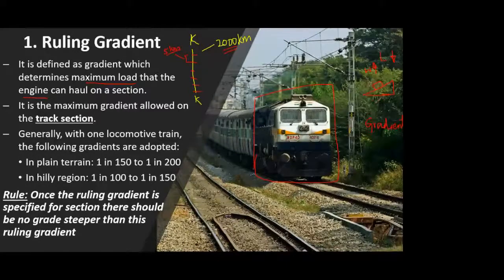So even if you encounter a steep gradient in between, you can't just remove 5 or 10 bogies and take the rest ahead. If you are getting this concept, then the gradient is the deciding factor of how much load your engine will carry. Such a gradient decides the maximum load.